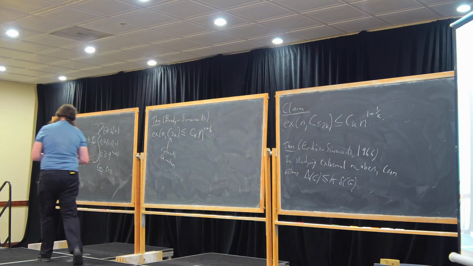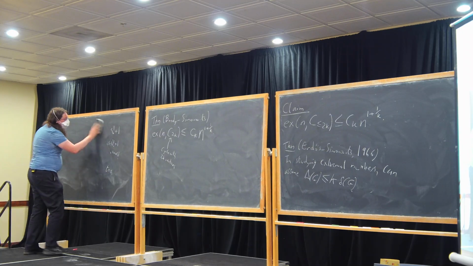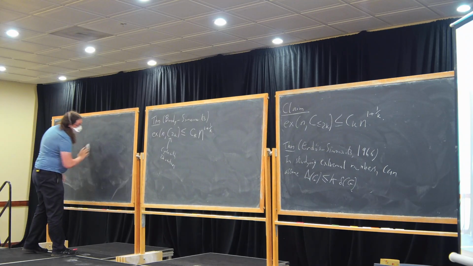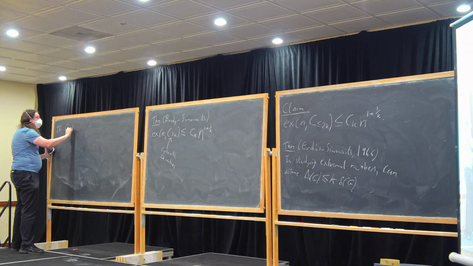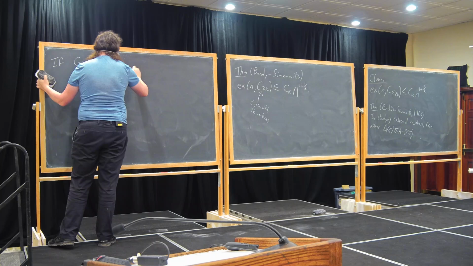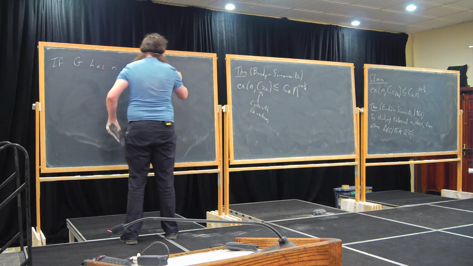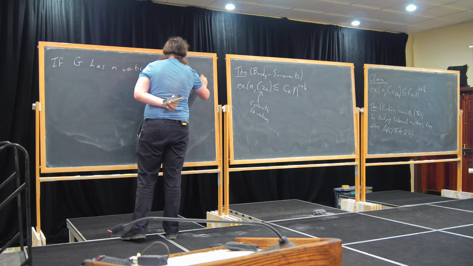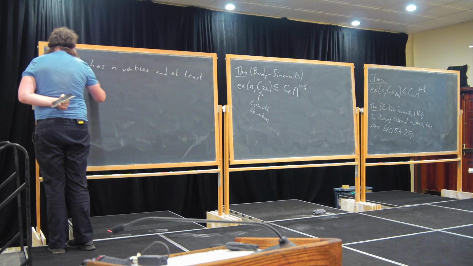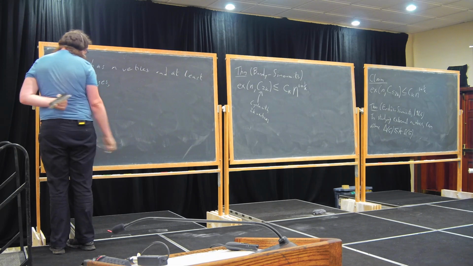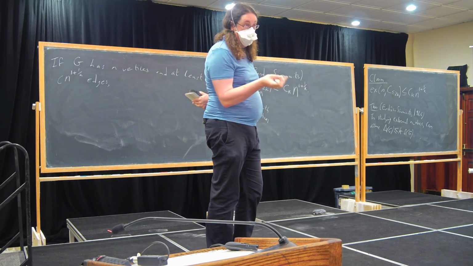Okay, so in particular, if G has n vertices and at least some c times n to the 1 plus 1 over k edges, then we can assume that the minimum degree is pretty large as well.